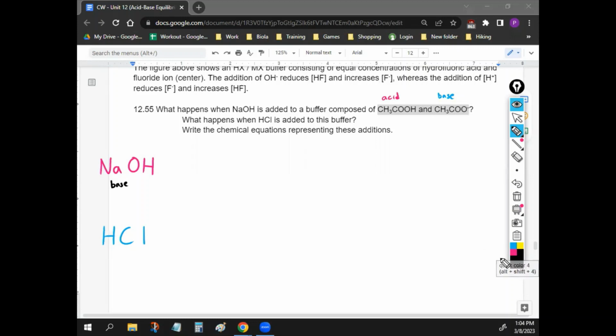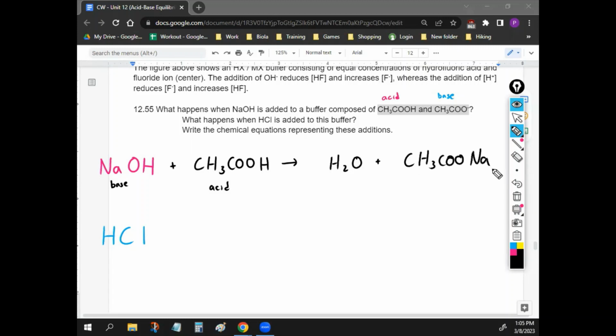So NaOH is going to react with acetic acid, which is vinegar, because this is your acid. Let's figure out what it's going to produce. When an acid and base react, it creates water and a salt, right? So these two are going to react to create H2O, and the compound sodium acetate. Okay, so this is what's going to happen.